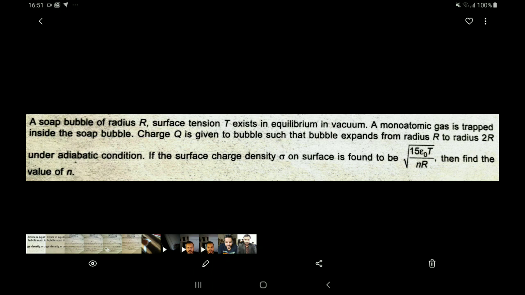You should also know the concept of adiabatic change, the adiabatic process. So read the question, try to get what it is asking, imagine it in your brain, and then go for the solution.